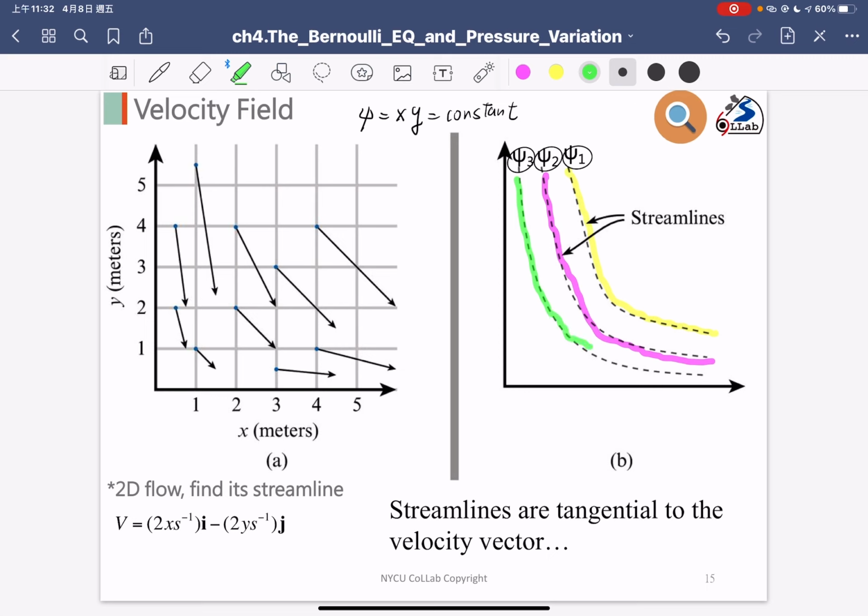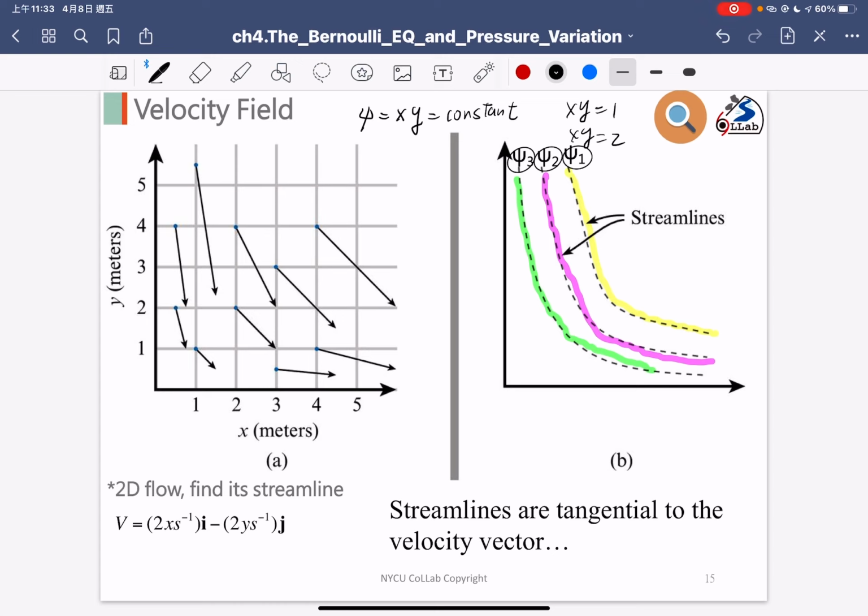Okay, so if xy is equal to 1 or xy is equal to 2, you can plot the different functions for the different constants, right? xy equal 1, xy equal 2, xy equal 3, they are different lines, but they are parallel to each other.